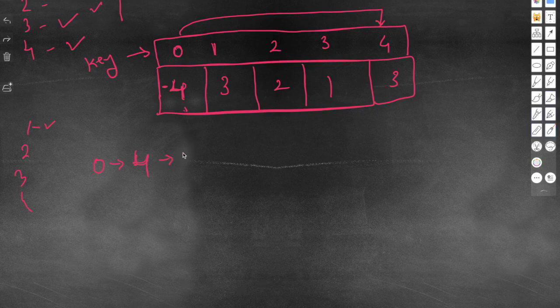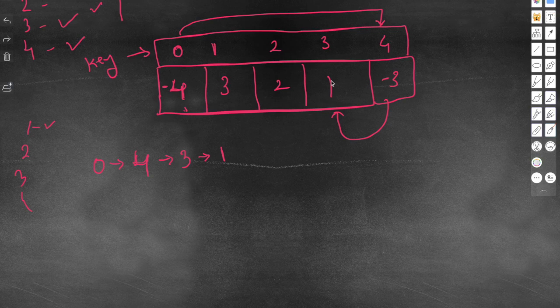But before moving ahead, I will make sure to mark this as visited. So for visited, we will make 3 as -3. Next index is 3. I will go to 3. What is the next index we are going to traverse? That is 1.